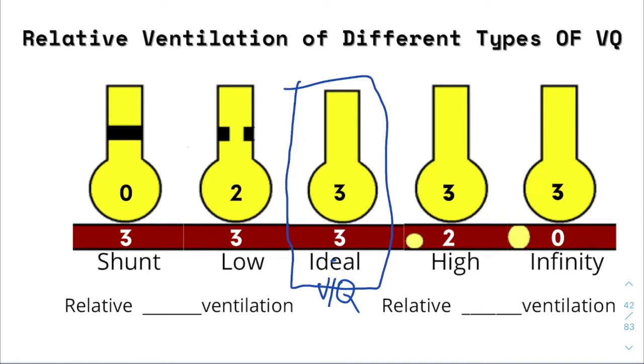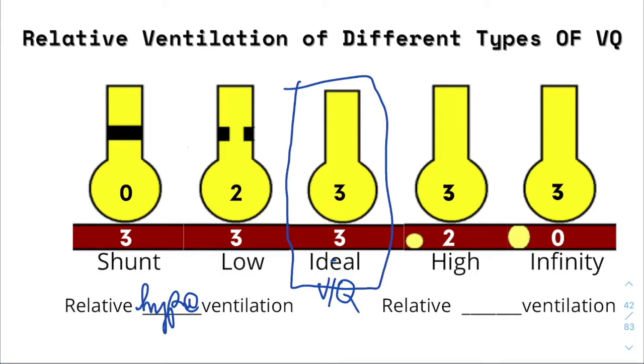Okay, in low VQ or shunt VQ, ventilation will be less compared with perfusion. So if the ventilation is less compared with perfusion, you have a relative hypoventilation. So there is a ventilation problem here. So 2/3 causing a low VQ, 0/3 causing a shunt or a 0 VQ. This may result in a relative hypoventilation.